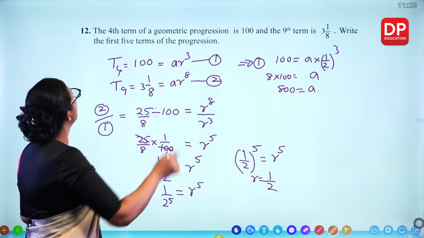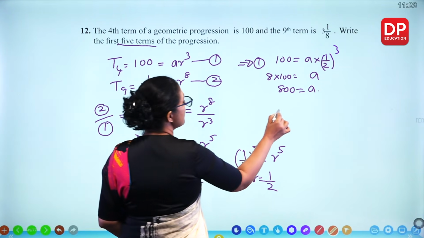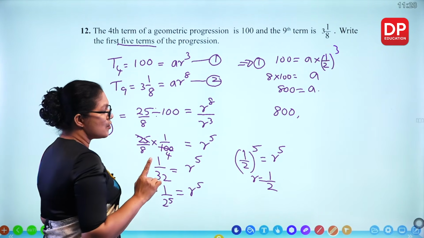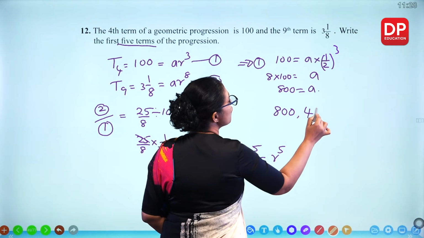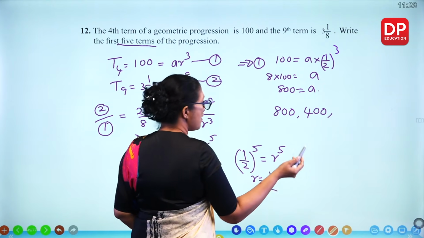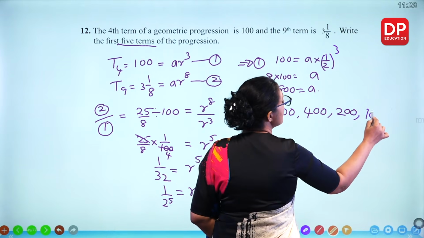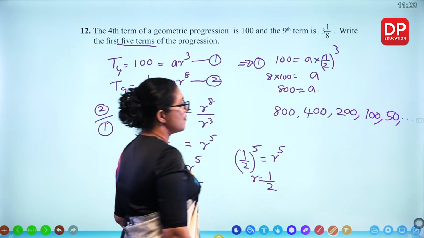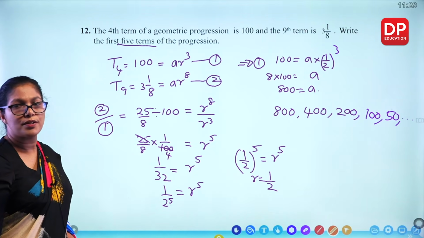Now, we need to write down the first 5 terms starting from 800. Multiplying by half is the same as dividing by 2. 400. 400 divided by 2, 200. 200 divided by 2, 100. 100 divided by 2, you get 50. So these are the 5 terms in the progression.